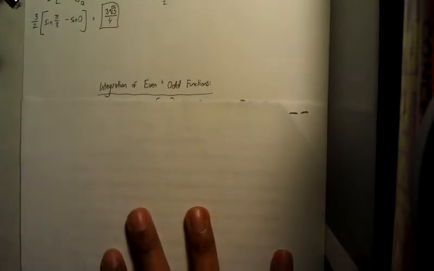Now this next thing is more of a concept idea. Integration of even and odd functions. It's just some ideas that can be handy if you're asked to solve for something that goes from some negative to some positive value, and they tell you that the function's even or odd, or using the evenness or oddness of the function determine what the integral is.